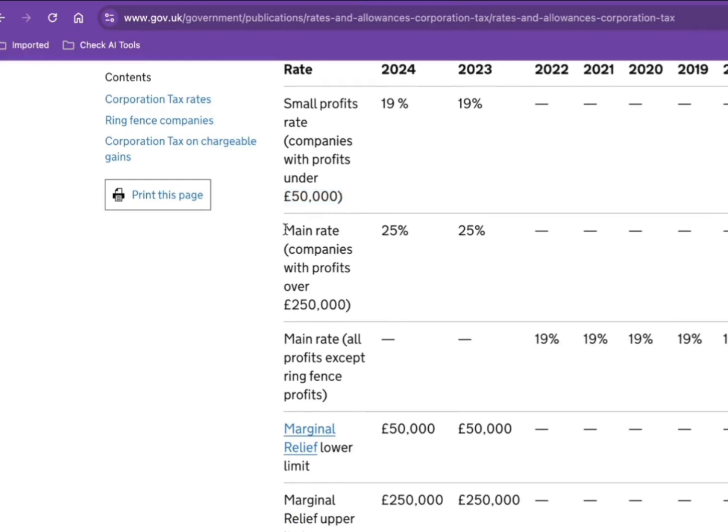If your profit is over £250,000, then you're going to pay 25% corporation tax. When the corporation tax is paid, whatever money is left over in the limited company, you're going to have to pay yourself a salary, or you can take out dividends from your limited company as well.